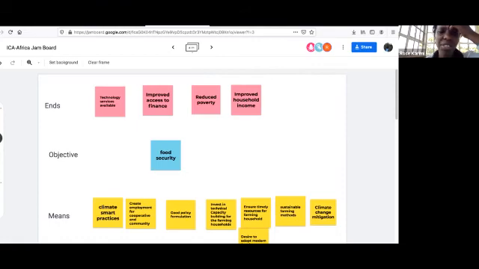Poor education. And education can be both, even education about the farming practices. I think we can leave it there. So that becomes our objective tree, and this is what we are going to use to get our result chain.